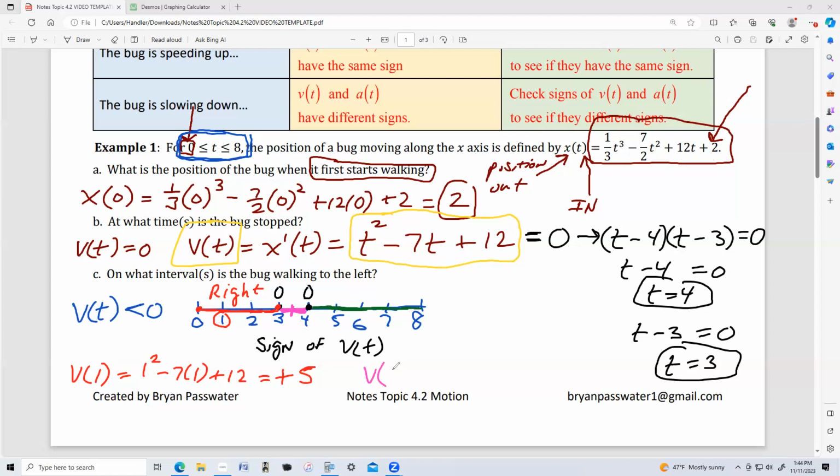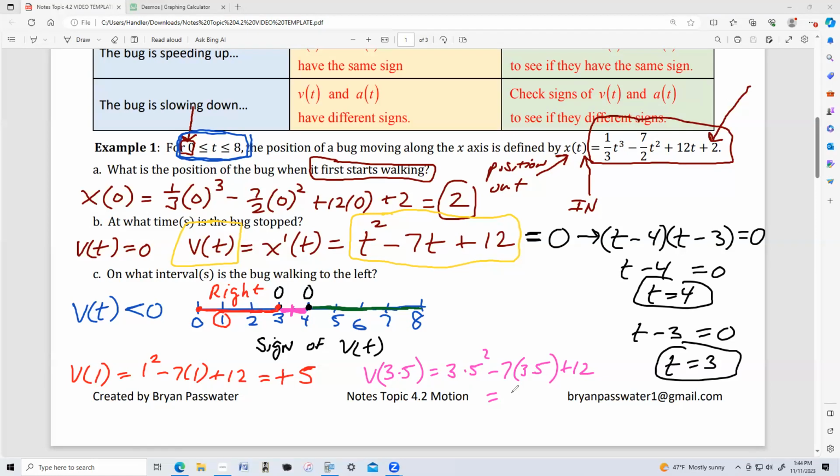The velocity at time 3.5 would be equal to, okay, use your derivative here, x prime, which is velocity. That would be 3.5 squared minus 7 times 3.5 plus 12. Okay, what does that come out to? Well, I don't have a calculator in front of me, but when I did this earlier, crunch it out for yourself.